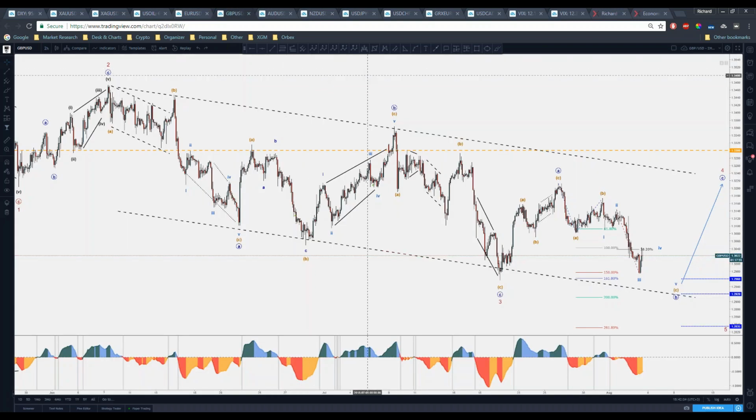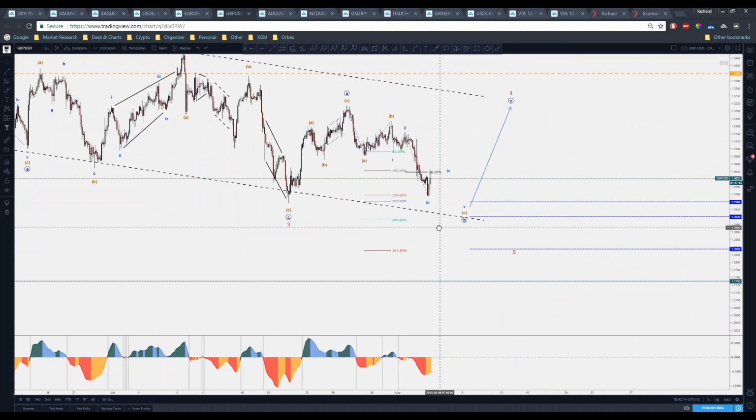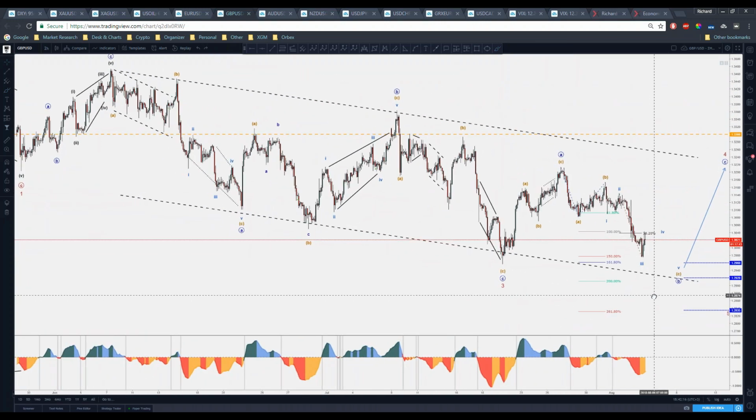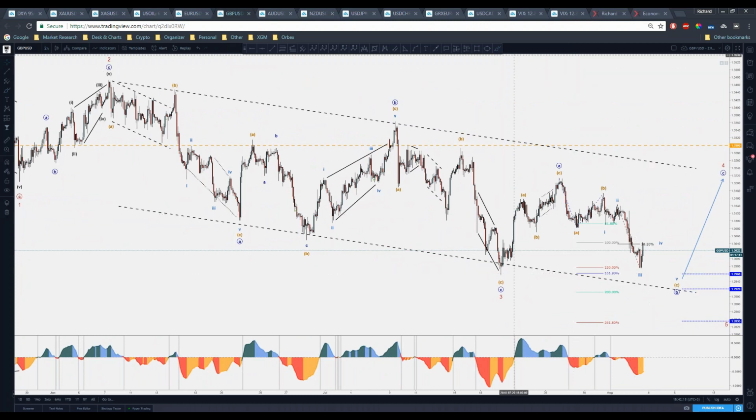Moving along to the GBP USD, as shown on the daily time frame, I'm labeling this as an ending diagonal in the C leg. In other words, the structure looks like a descending channel in which all waves are divided as zigzags, ABCs, or complex corrections.